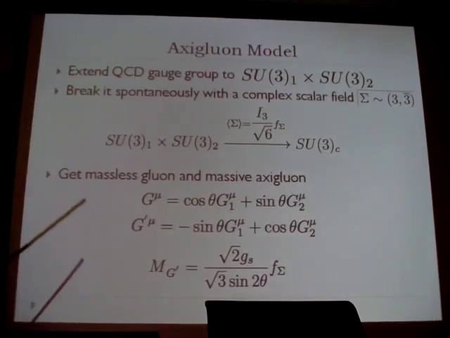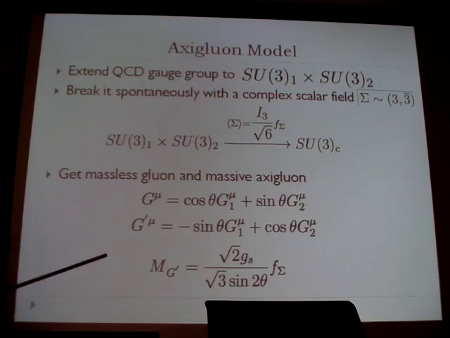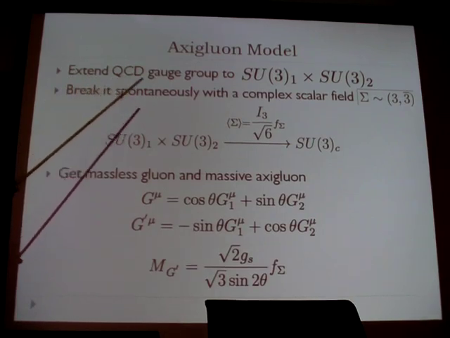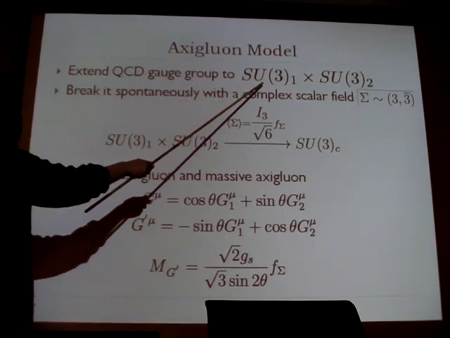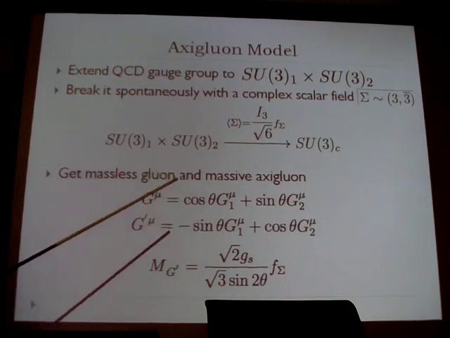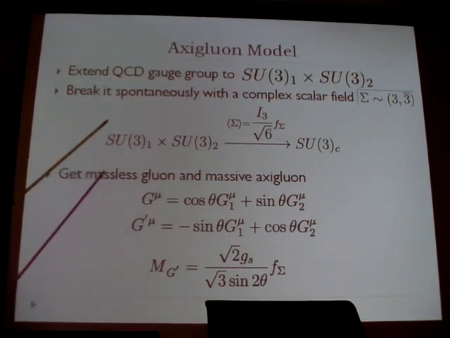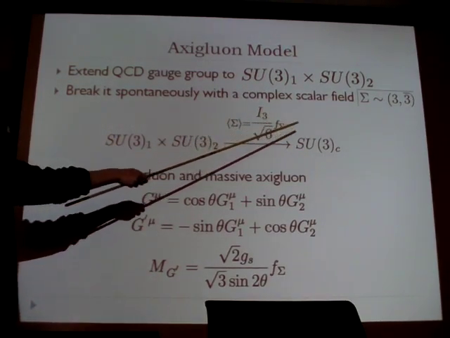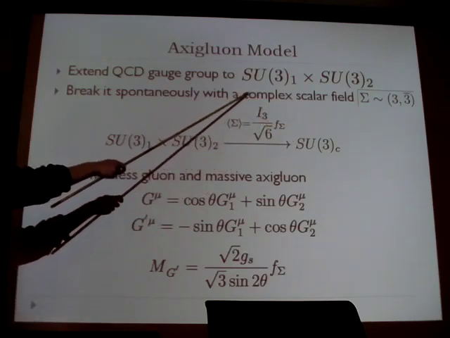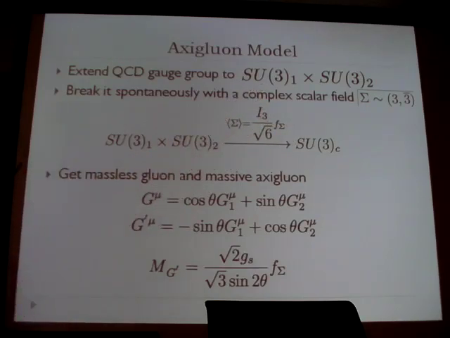In order to have a massive vector boson, we need to extend the standard model gauge group to a new group SU(3)_1 cross SU(3)_2, and then break it spontaneously with a complex scalar field transformed as 3 and 3 bar under this new group.